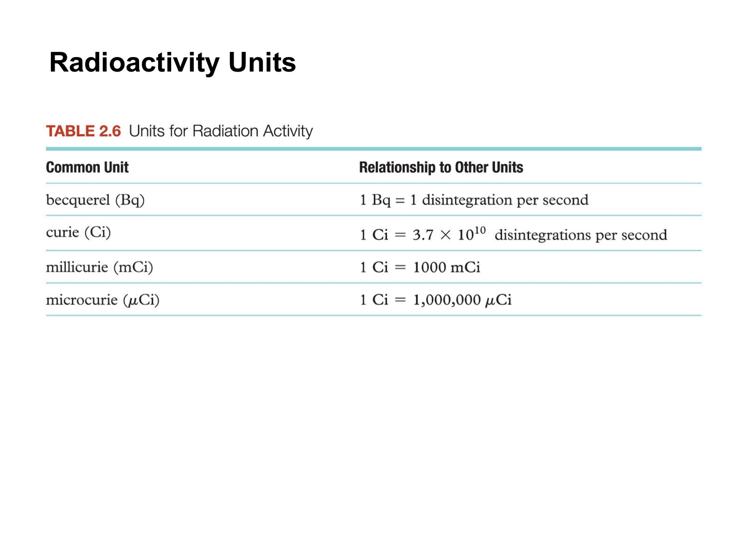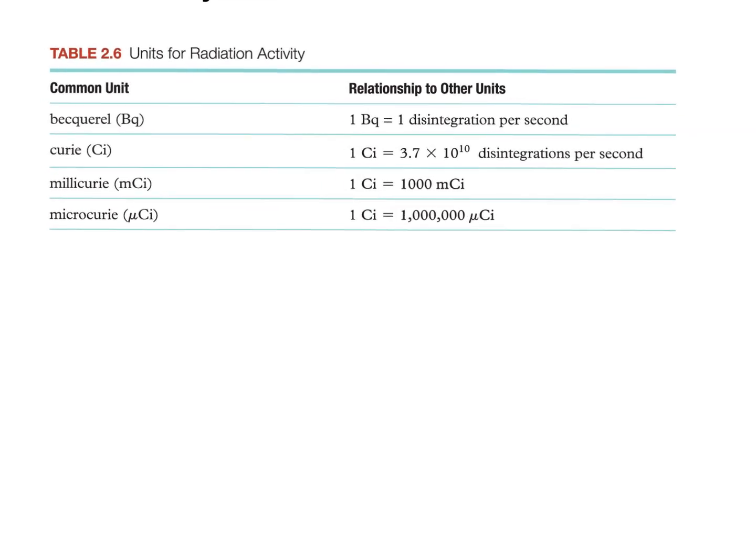Now we have to have units to help us with the measure of radiation or activity. There are lots of different units, but two of the units that we use are a becquerel and a curie. I also have a millicurie and a microcurie here, and I just want to remind you from those first lectures, milli means there's 1,000 in one, and micro means there's 1,000,000 in one. So those are back to those metric prefixes.